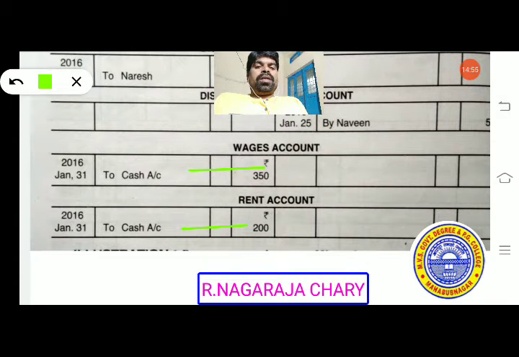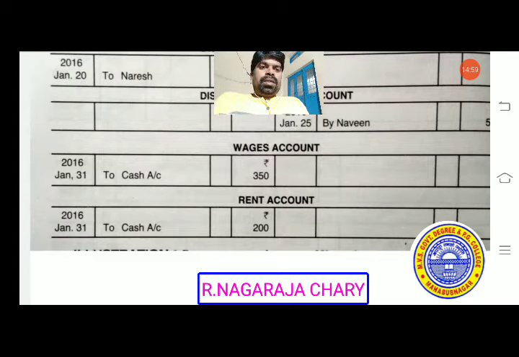So whatever journal entries we recorded in the journal, those journal entries are to be recorded to concerned accounts, because wages is recorded as an aspect, rent is recorded as an aspect. So those aspects are to be posted into concerned accounts.